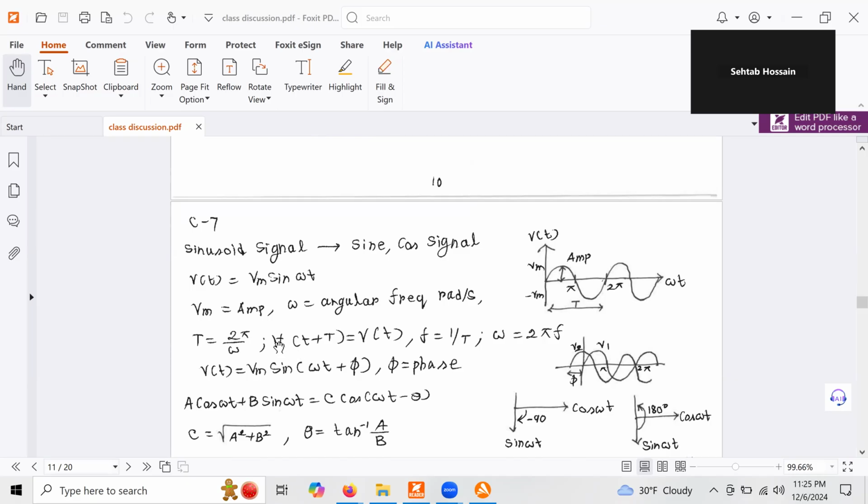For a sinusoidal signal, v(t) equals v(t plus T), because after this time period T, this signal will repeat itself. Frequency will be the inverse of the time period, and angular frequency will be 2 pi times frequency.